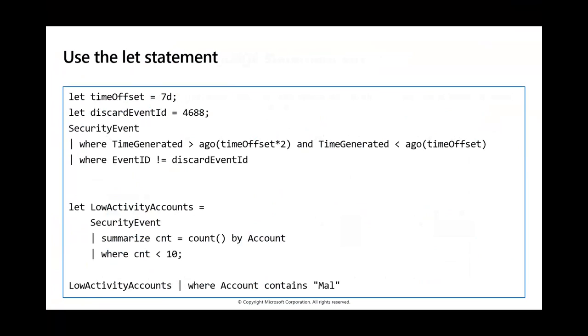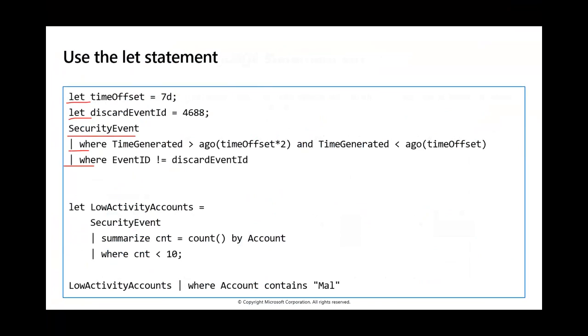Now, for other operators, we can use the let statement, like the one that we're looking at here. Let the time offset, let the discard event ID, and so on. And now this is the name of a table, and these are pipes and multiple operations. The let statement is to set a variable name equal to an expression or a function, or to create views.